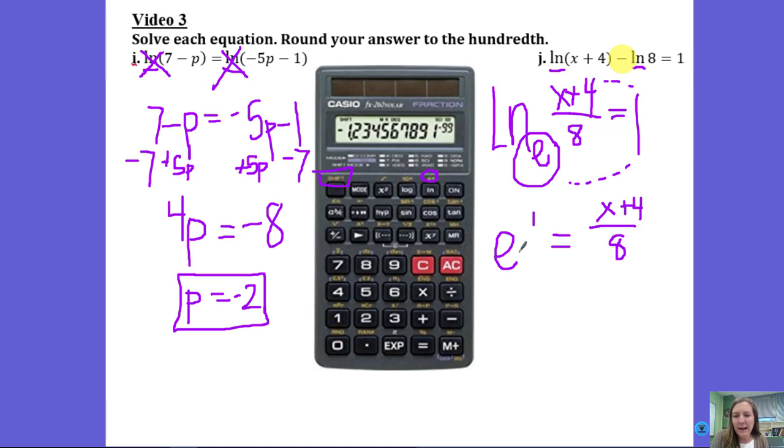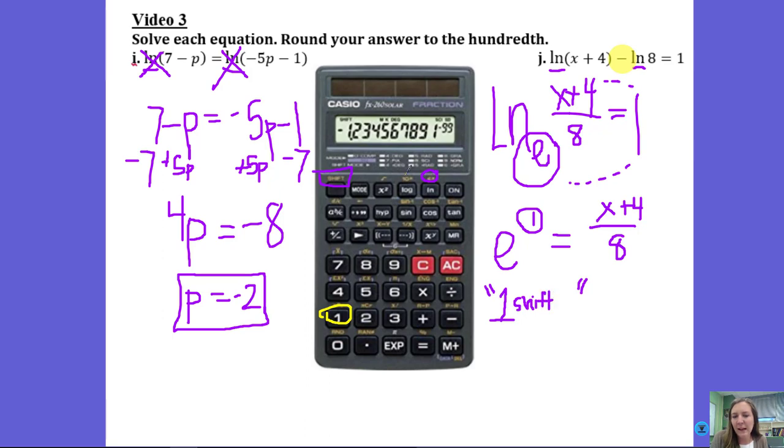So if we want to write in e to the power of 1, what we need to do is hit the exponent first. So I have an exponent of 1. That's going to be the first number you type into the calculator, the 1. So I'm going to hit the 1. Then I'm going to come over and type in the e. To get to the e, you have to hit the shift button. And then you're going to hit the ln button, and that's going to pop up the e.